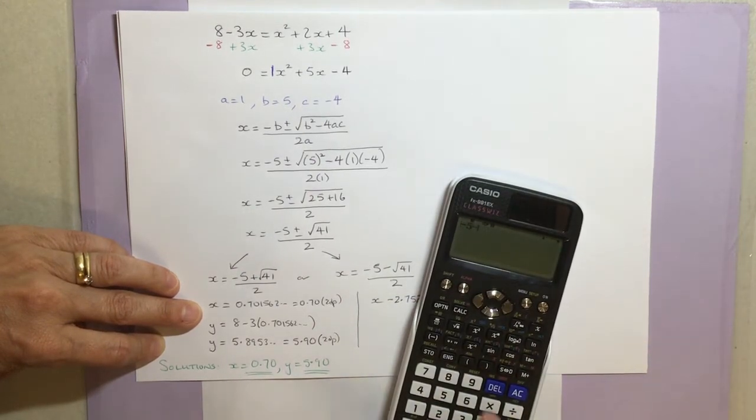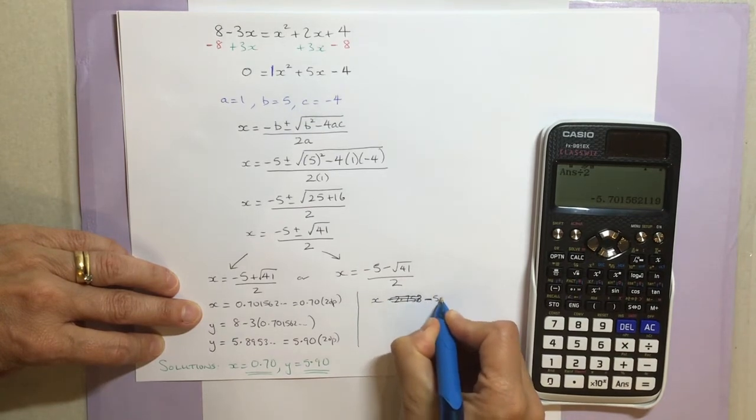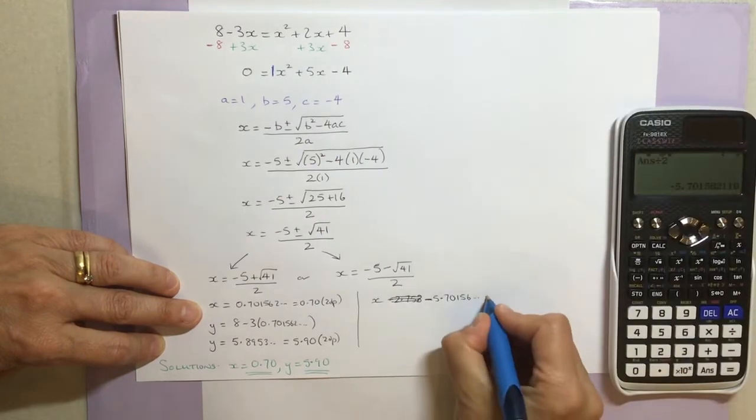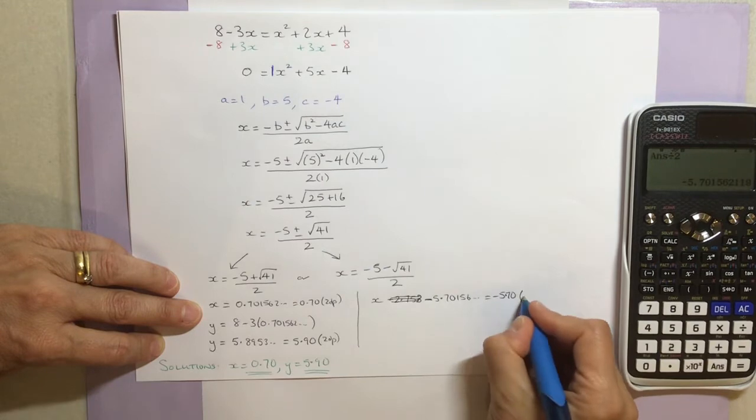So minus 5 minus root 41, divide that by 2. Okay, that looks better. So minus 5.70156. So again, minus 5.70 to 2dp.